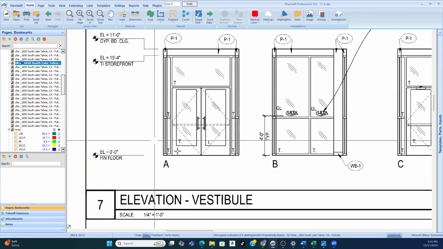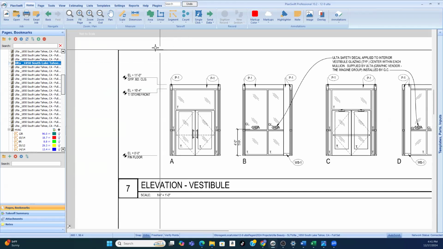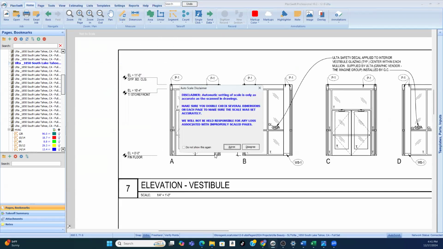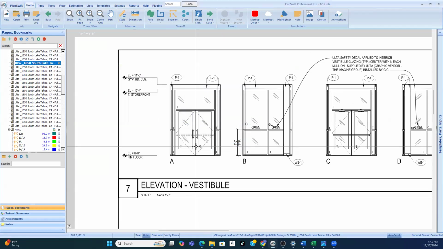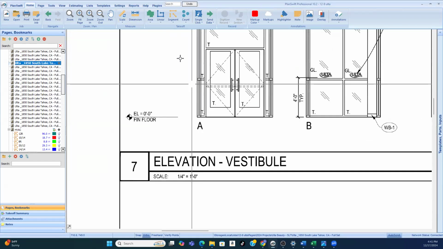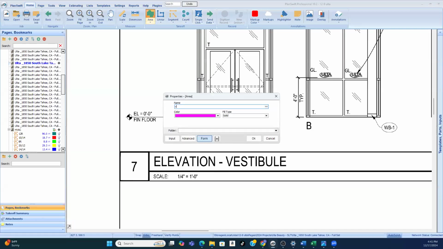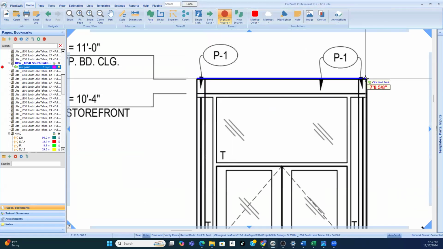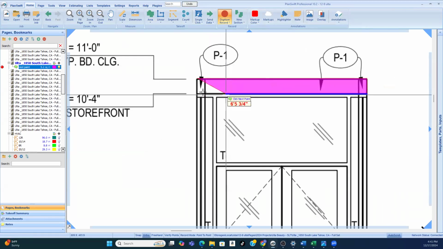And so say for instance, I'm the painter now. I can scale my plans, 1/4 equals 1. And now I know if I'm the painter, I can say vestibule paint. And I can use elevation views now to say, okay, even if I just did one side and just assume they're all the same.